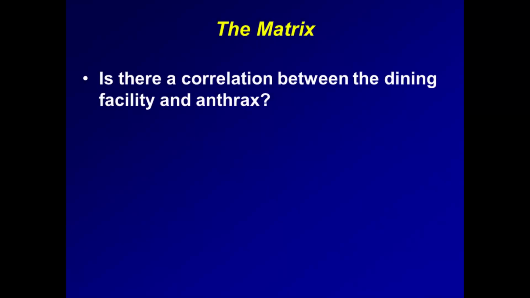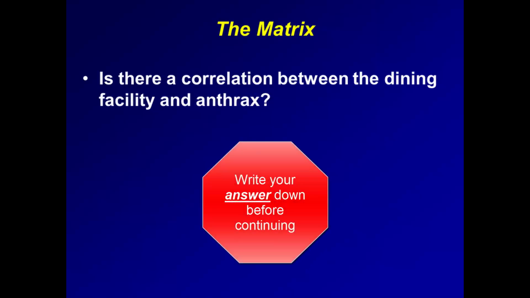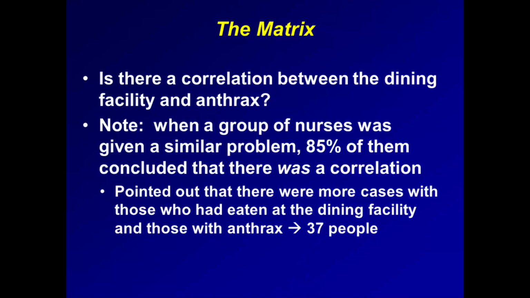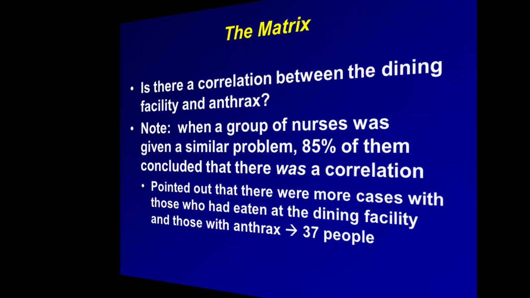Based on the data in the matrix, what's your answer to the question on the slide? Write your answer down before continuing. 85% of nurses who were given a similar problem thought there was a correlation, pointing out that there were more cases of those who ate at the dining facility and had anthrax, 37, than in any of the other 3 categories.